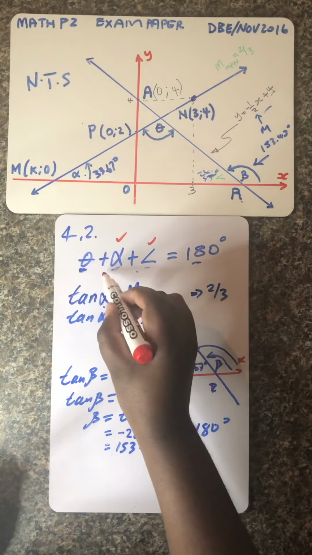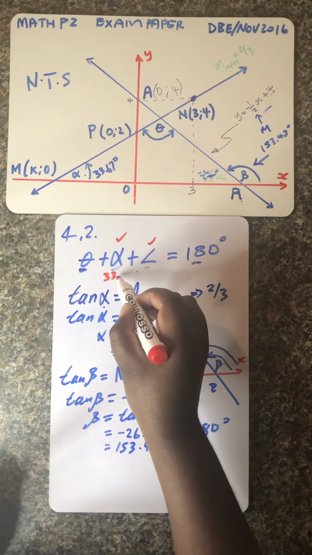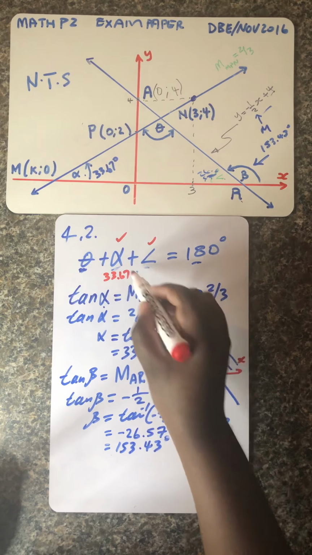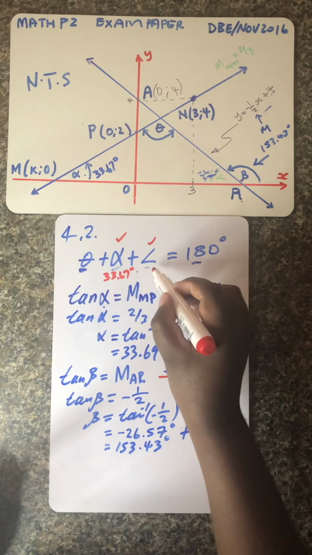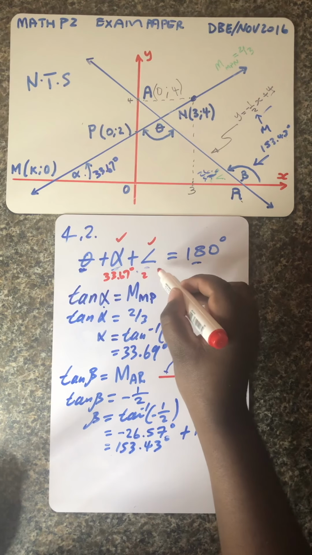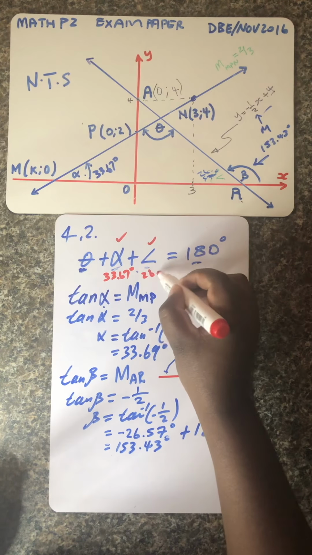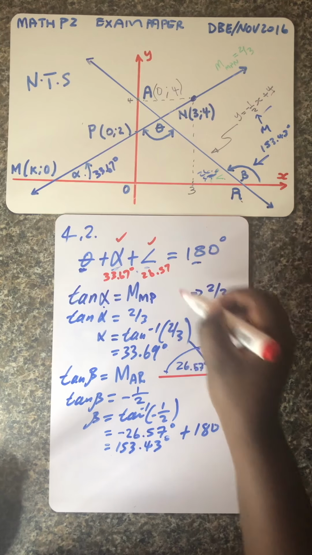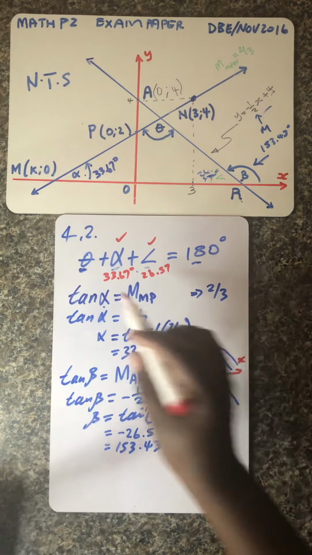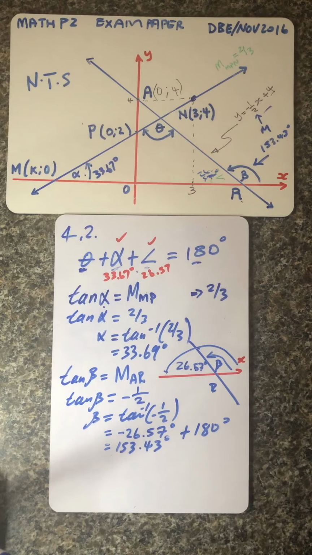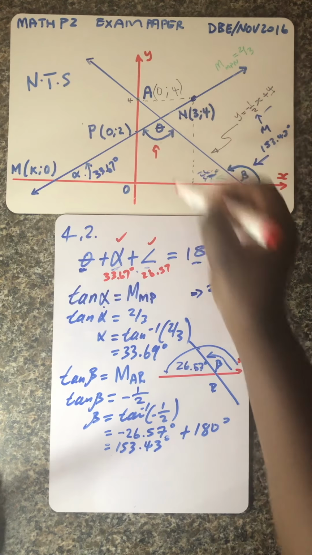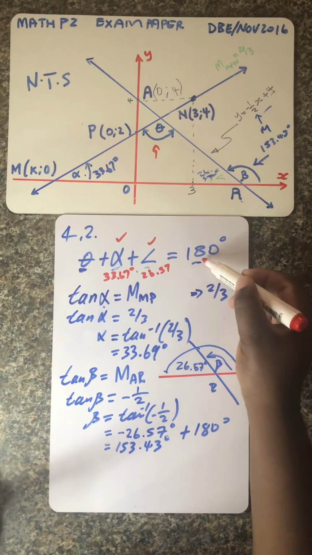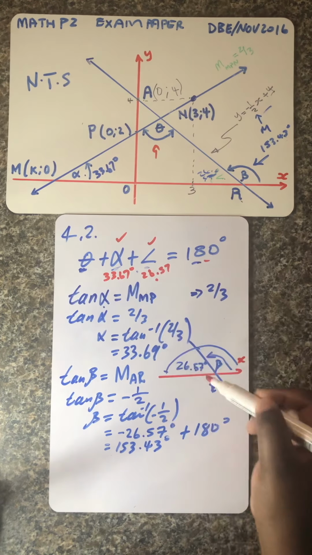So this is obviously 33.67 degrees, and this is 26.57. So for us to be able to get the value of that angle, which is the angle that we're looking for, obviously it's 180 minus 2 of this angle.